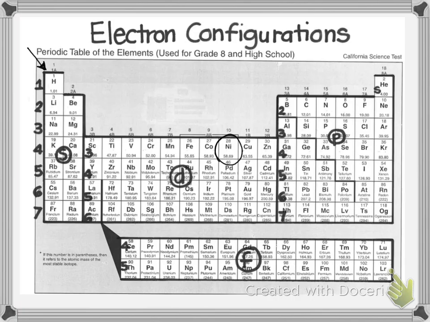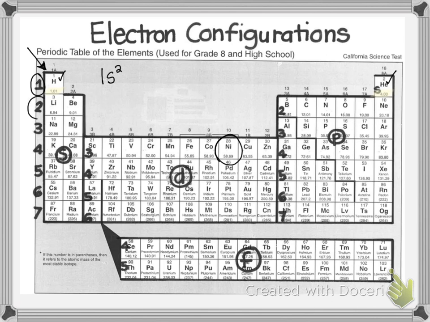So let's try. We say, okay, we're in the first energy level. We're in the s sublevel, the first two columns or groups, and there's 1, 2. Remember, they all start this way. So that's 1s2.